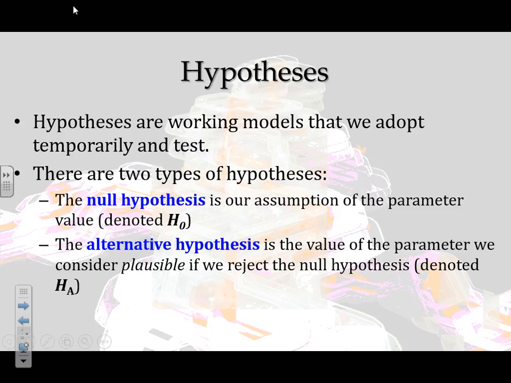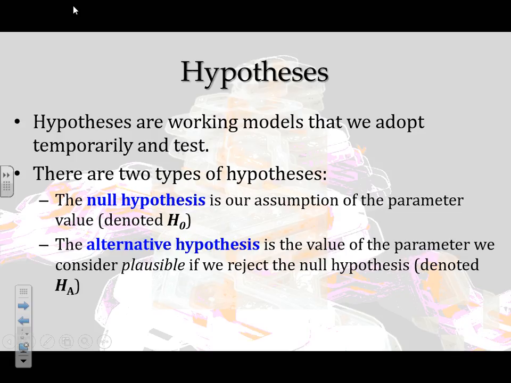So if we decide we have enough evidence to reject the original claim, we would accept the alternative hypothesis in its place. The notation for the alternative hypothesis is H sub A. The A can be capitalized or not. You'll see it used both ways, so it doesn't really matter as long as you have H sub A.